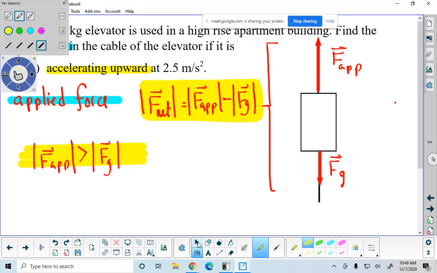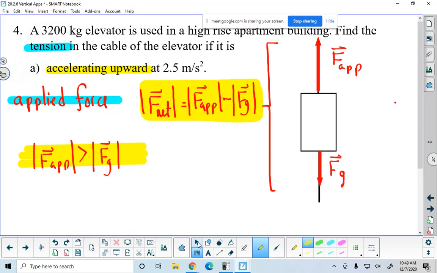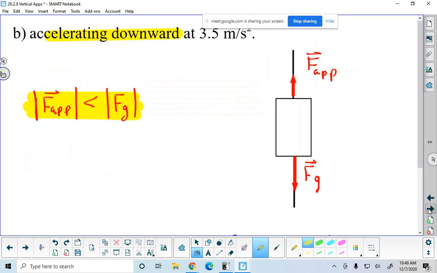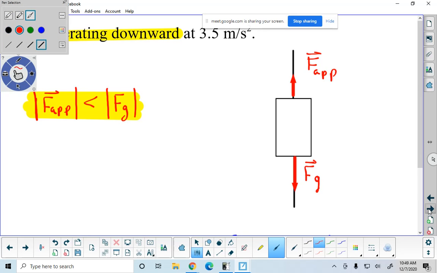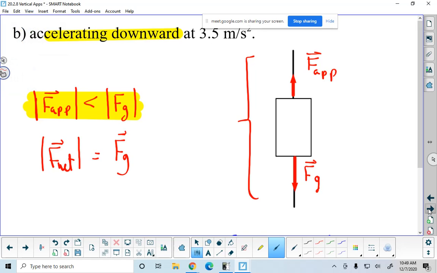And I'm starting to get the feeling here that many of you would understand that you take the force of gravity away from the applied force to get this formula without having to draw the free body diagram. In this particular case, when you look at this diagram, the net force can be found by taking the force of gravity, which is bigger, and subtracting the applied force.